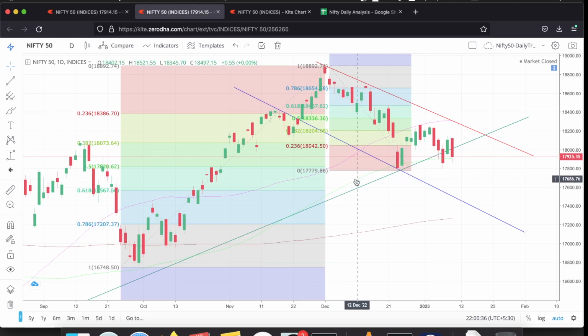And at any point in this zone, if Nifty finds a support, it may bounce a little higher. And if it breaks through that, we again have another support level at around 17,560. So this is what the longer Fibonacci retracement tells us.